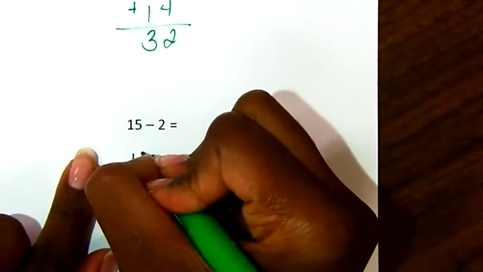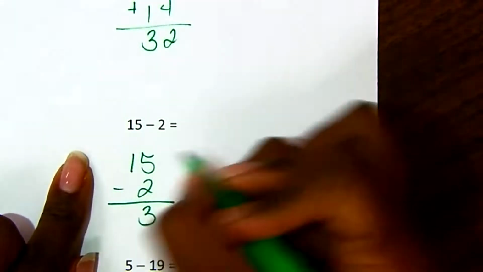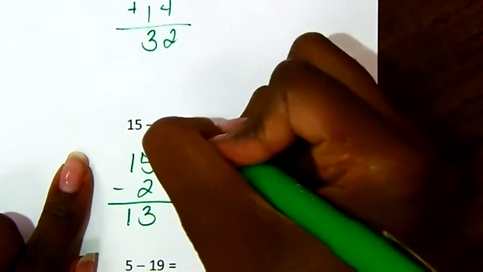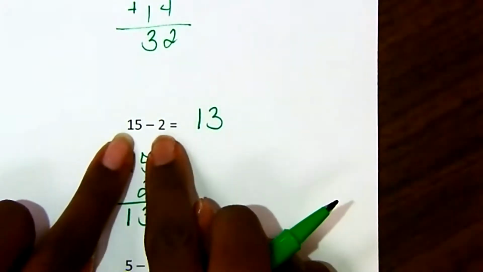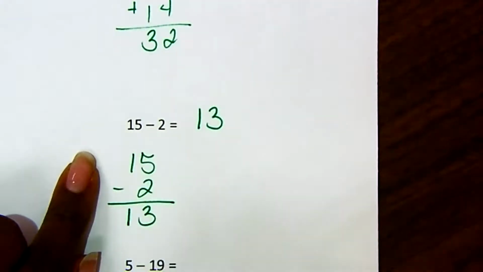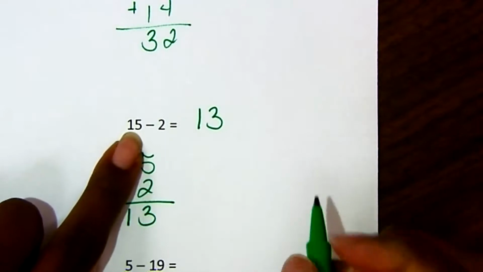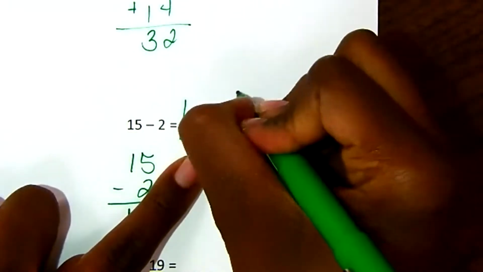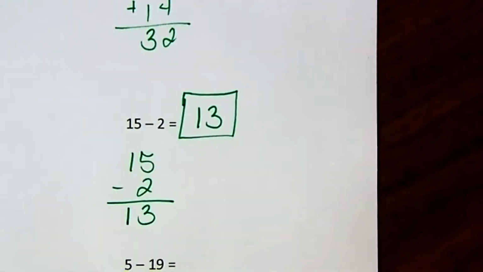Different signs, I'm supposed to subtract. So I have 13. Now, which number was bigger, the positive 15 or the negative 2? Good job, the positive 15. So my answer will stay a positive.